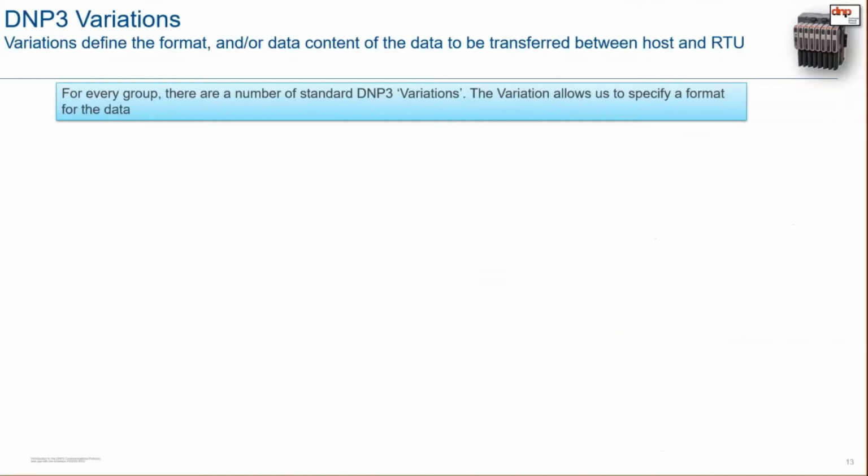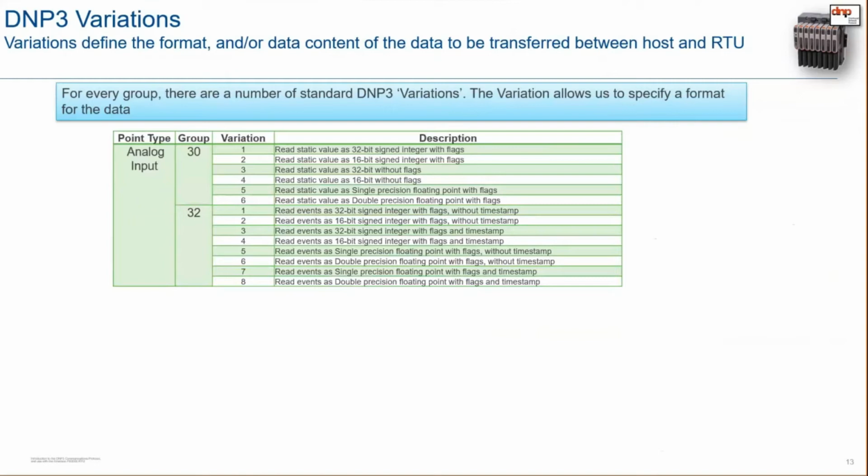All the different formats for data are defined as part of a standard, and they're referred to as variations. And for every DNP3 group, there's a number of standard variations defined, and you use those to state the format you would like to put the data into.